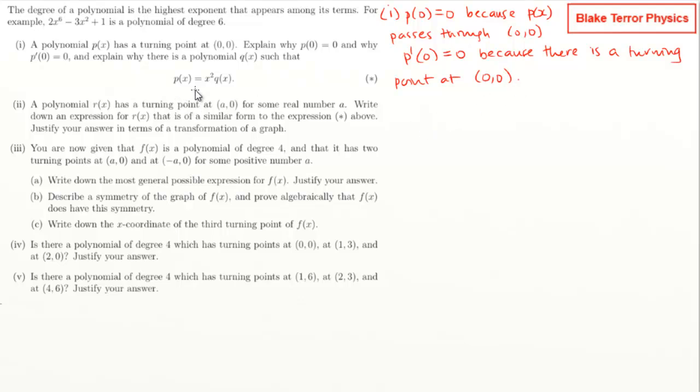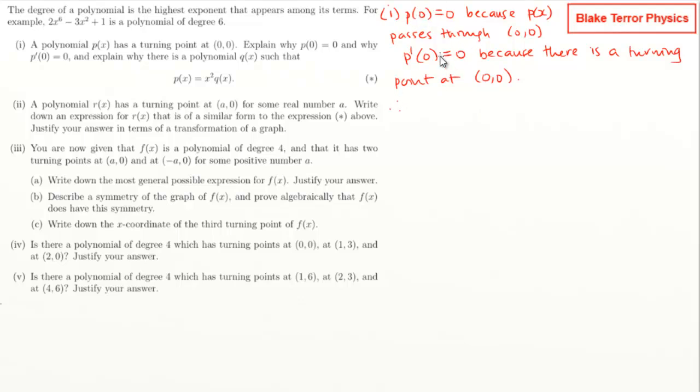And then we need to explain why there is a polynomial q(x) such that p(x) equals x squared q(x). So we'd be saying then that p(x) won't have any x to the 1 or x to the power 0 terms, which is what we're going to get off of these two things that we've just said.